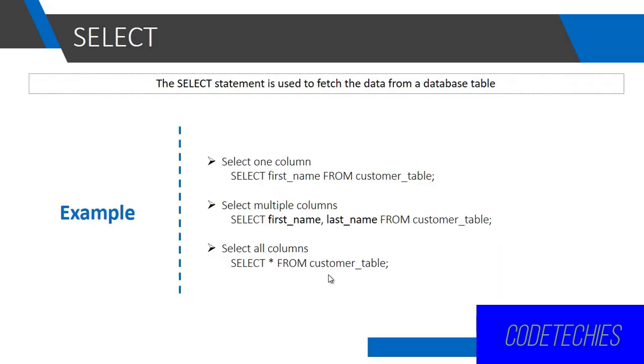If we want to get multiple columns, so for example, if we now want both first name and last name for the customer, we will mention both the column names. So let's go and fetch first name and last name from the customer table.